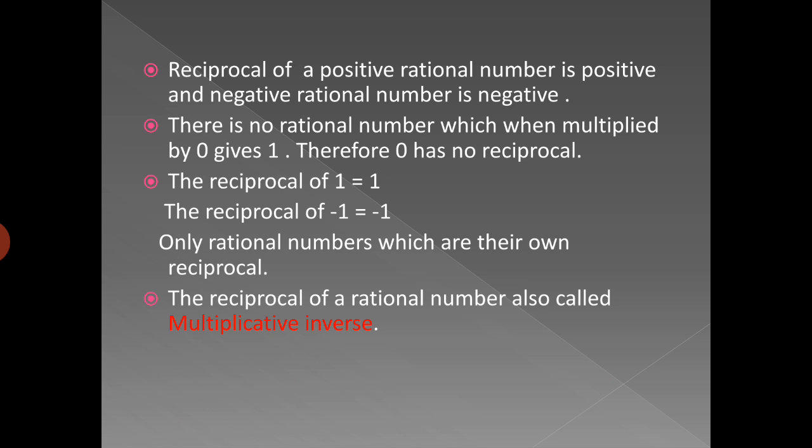The reciprocal of 1 is 1, and the reciprocal of minus 1 is also minus 1. So these two rational numbers are the numbers which have the number itself as their reciprocal. The reciprocal of a rational number is also called multiplicative inverse.